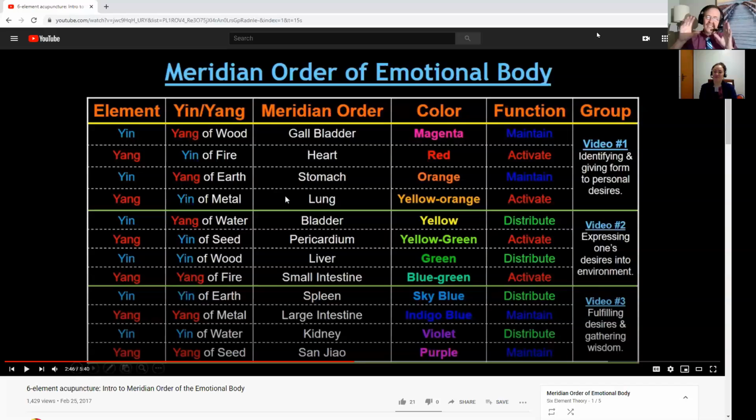And then, what do you want? Start looking at your desires, heart, stomach, lung. Who are you? What's your form? Do you like the way you look? Do you feel comfortable with the way you look? That's lung. If you don't like the way you look, that's a lung issue. Meditate on it until you feel comfortable with the way you look. That's who you are.